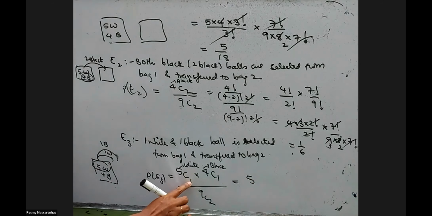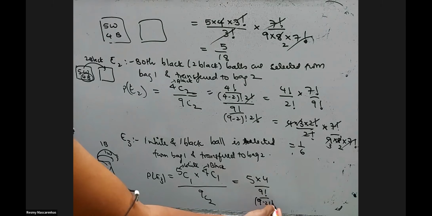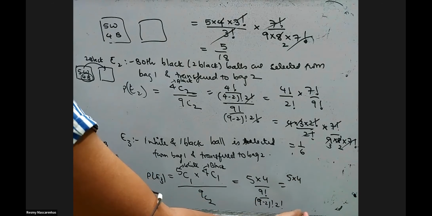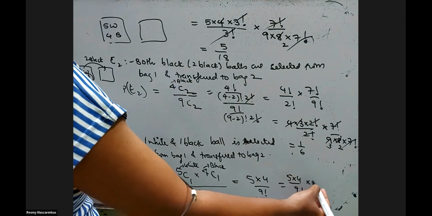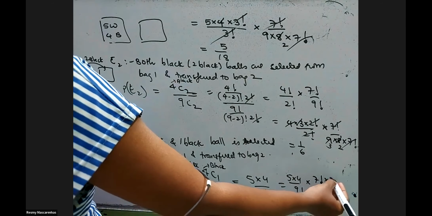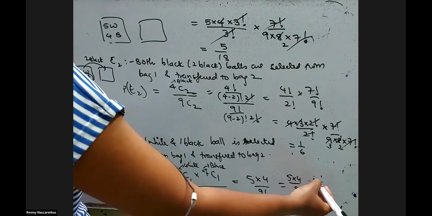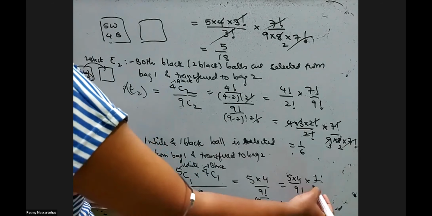The moment this is 1, no need to calculate, straight away it is 5. 9C2 will be 9 factorial upon 9 minus 2 factorial into 2. When you reverse, this will be taken as upon 1.